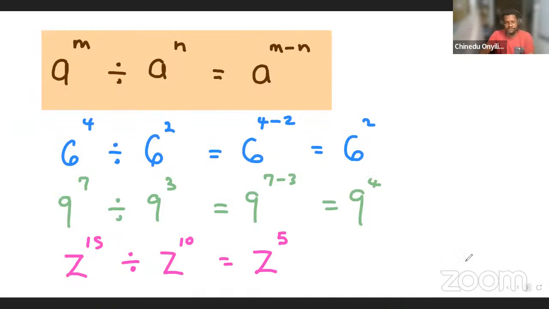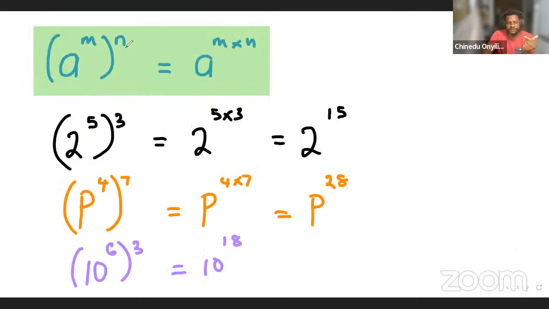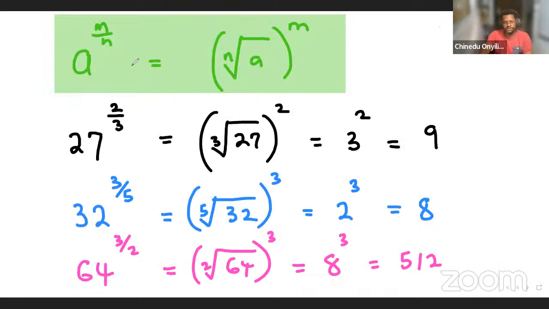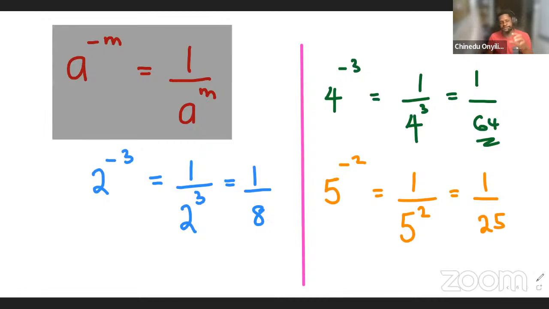The third one, if you have a to the power of n, raised to the power m, you multiply the powers. Then we looked at the fourth and fifth one, put side by side, just to clarify. And then we looked at fractional indices and how we worked them out, and negative integer indices, and how we worked them out.